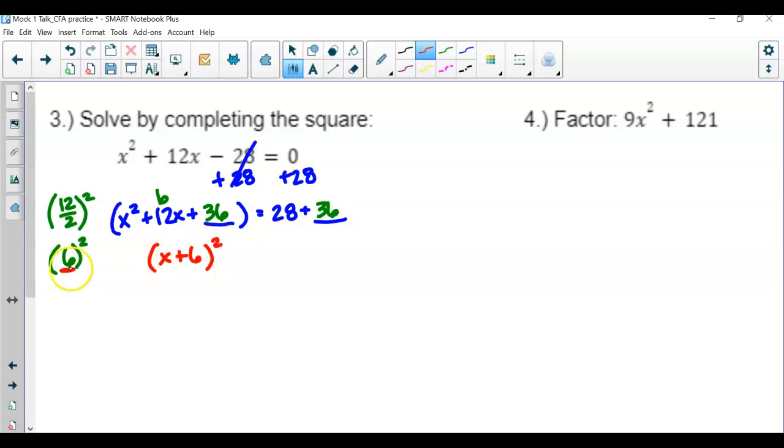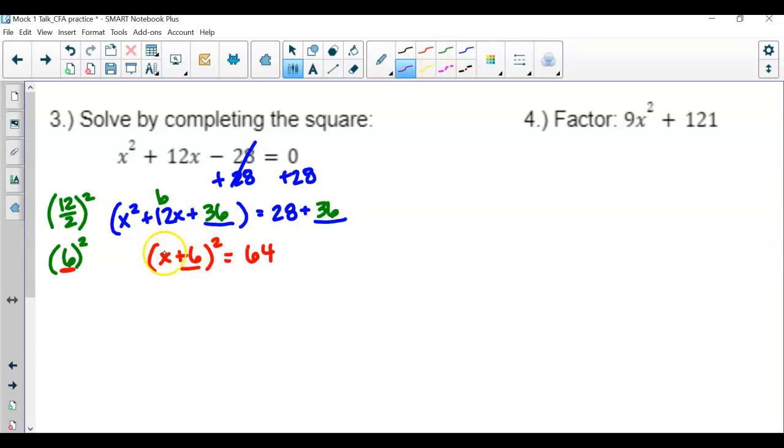We could use the pattern of what was inside, or if you think about it, 6 times 6 is 36, and 6 plus 6 is also 12. So that works here as well. Is equal to 64. Now that I'm at this part here, x plus 6 to the second power is equal to 64.